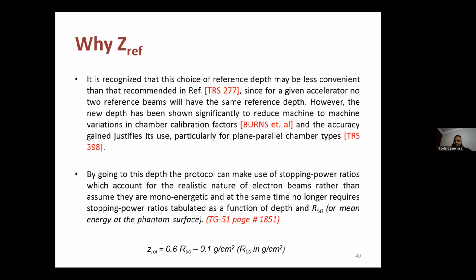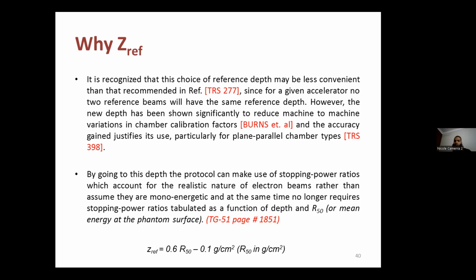It is recognized that this choice of reference depth may be less convenient than that recommended in reference TRS-277, since for a given accelerator no two reference beams will have the same reference depth. However, the new depth has been shown to significantly reduce the machine-to-machine variation in the chamber calibration factors.